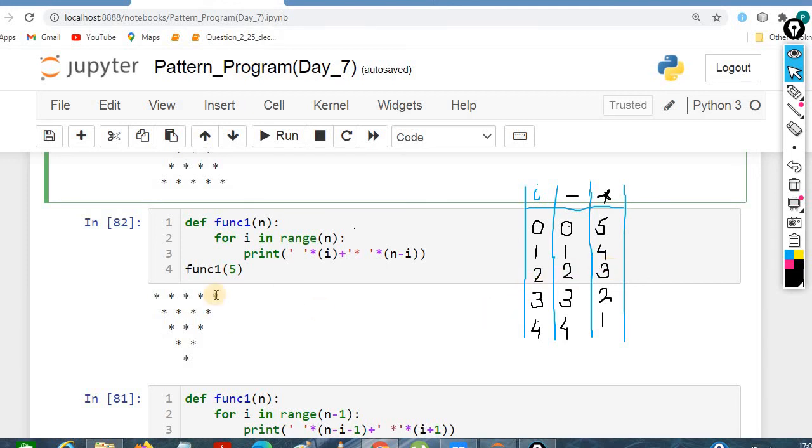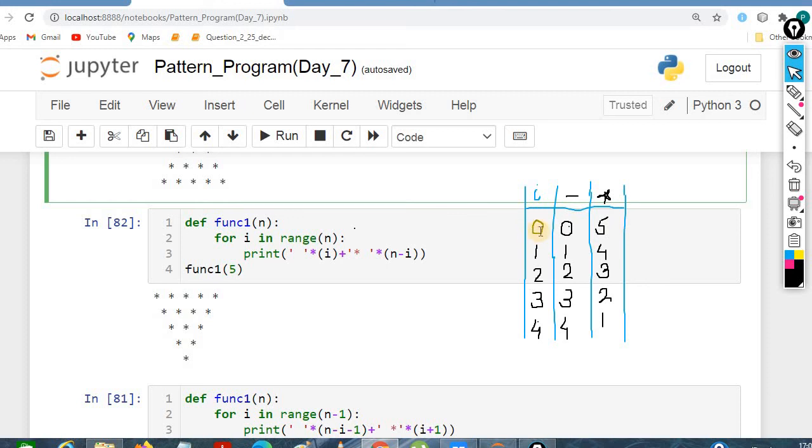For the second iteration we are getting 3 stars. Counting from 1 this is the third iteration, but as per the numbering it is 0, 1, 2. For the third, counting from 1 it's the 4th iteration, so we are getting 2, and for the last one it's 1.